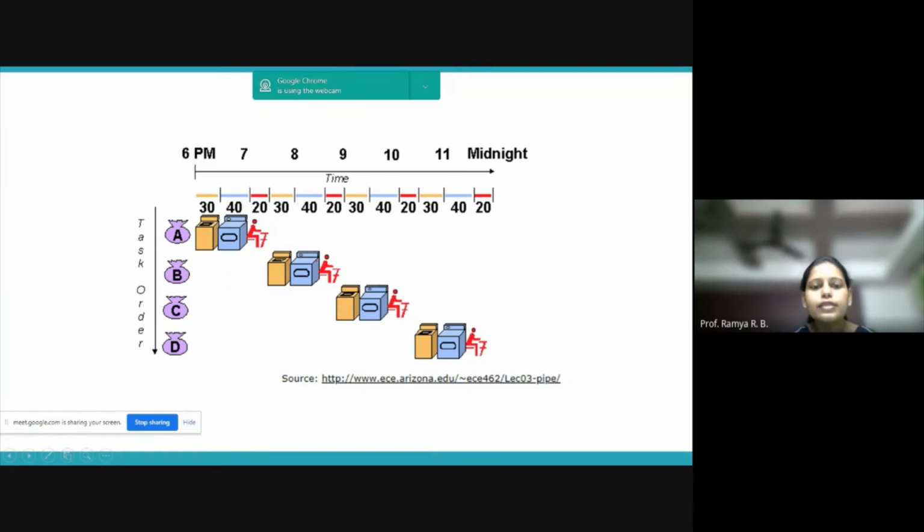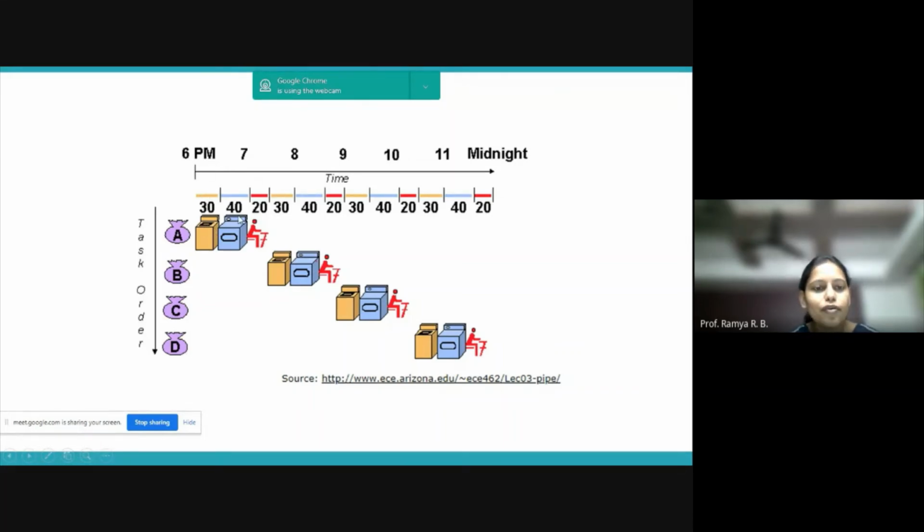So if he is doing this sequentially and if he's starting his work at 6 p.m., by what time will he end his job? By what time will these 4 laundry bags get done? See, 30 minutes for washing, 40 minutes for drying and 20 minutes for folding. So he's starting at 6 p.m. So that means by 6:30 he'll complete washing.